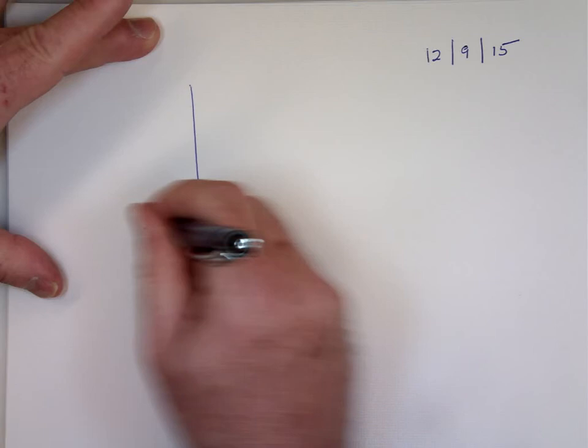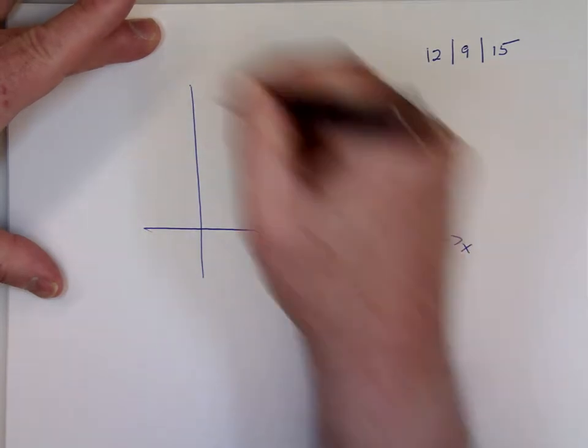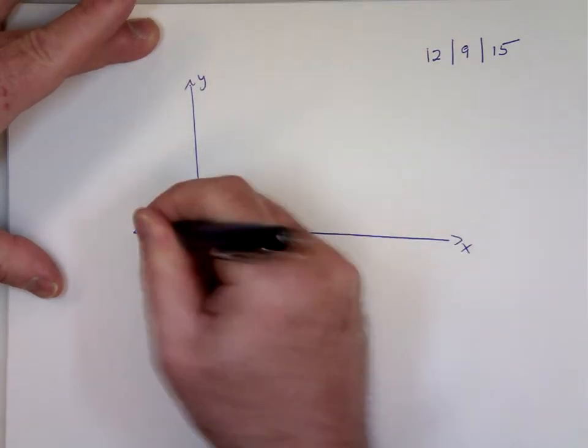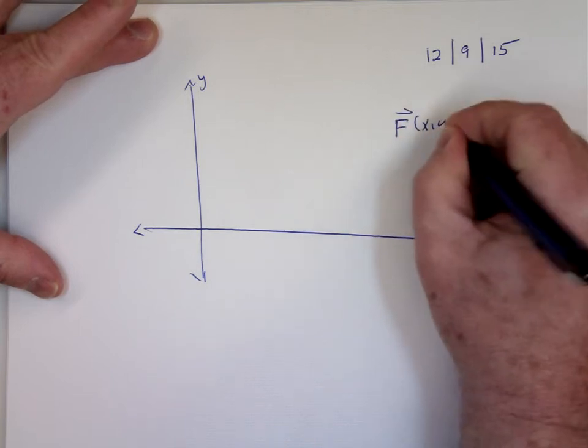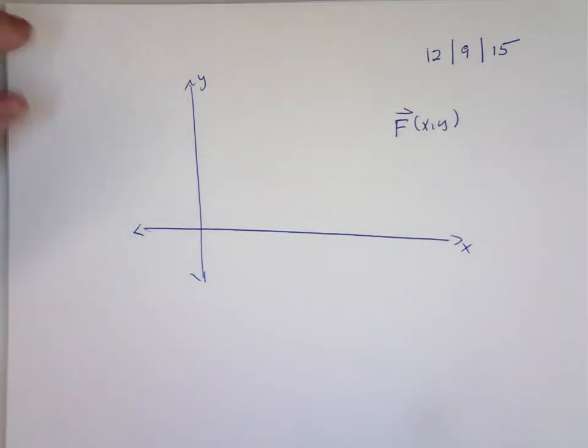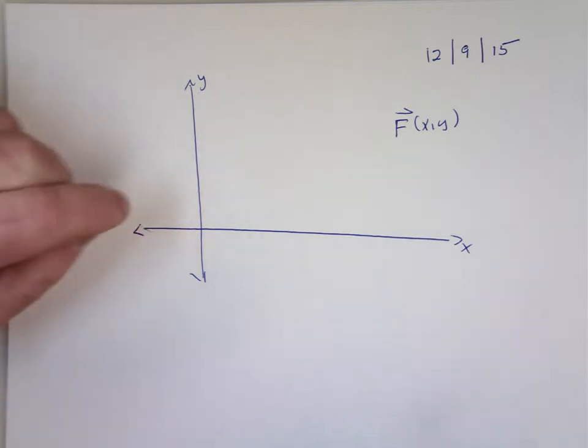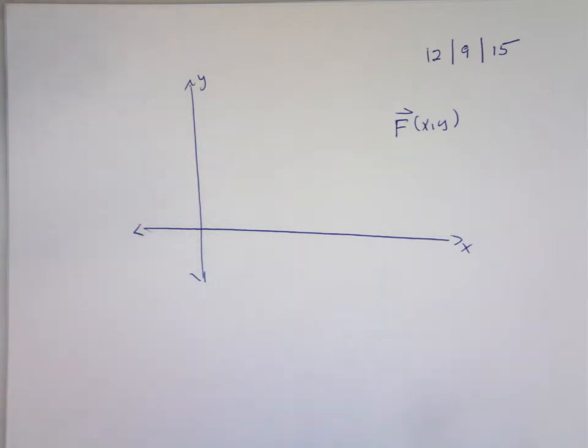Okay. We all set? Here's the deal. Here's the problem we have to solve today. Given a vector field or force field, where we're assigning a vector to each point in this plane, and that vector can represent a force.